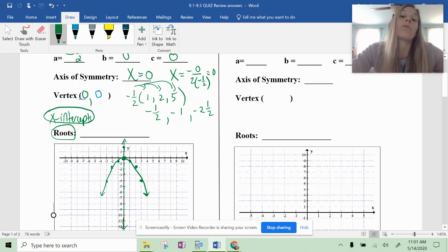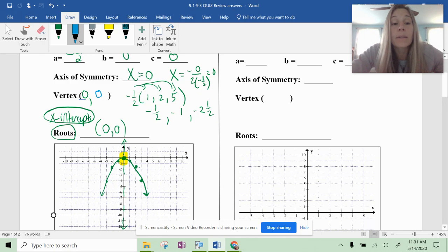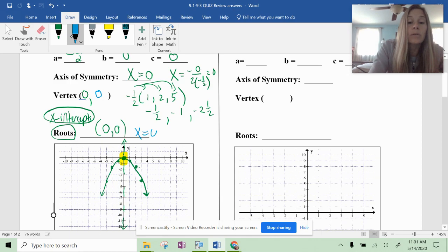And those are the points on the x-axis where the graph crosses through or touches. So in this example, there is only one, and it is 0, or 0, 0, you could say. That's the only point where this graph comes into contact with the x-axis. So that would be your root. There's one root there, which is just 0. So you could even just say it's x equals 0.